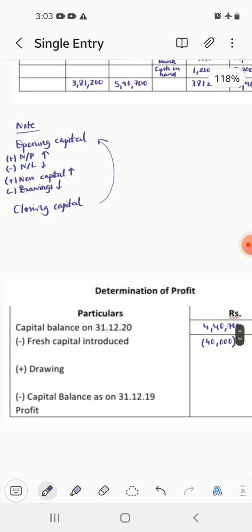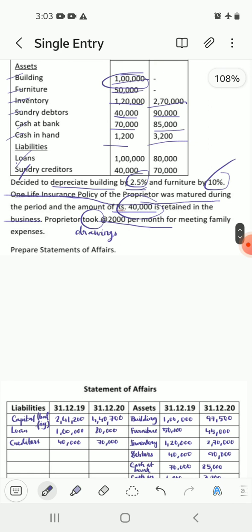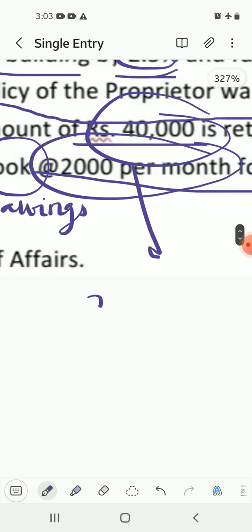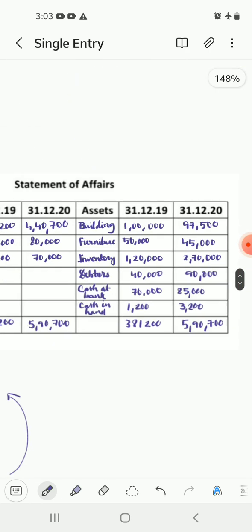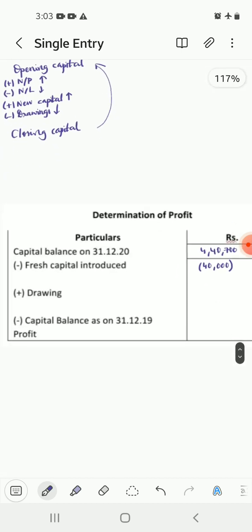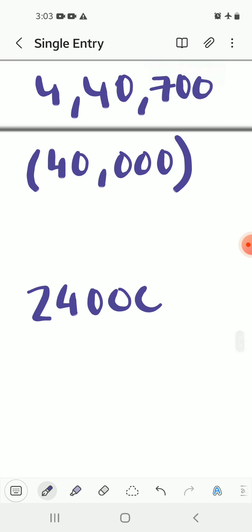The next thing that we get is drawings. Do we have any drawings? Let's read the question. Yes, there is. The proprietor took 2,000 per month. So in 12 months, 2,000 into 12 is 24,000, which is the drawings. We will write it over here. Drawings is to be added, so we will not use any brackets. We'll write simply 24,000.